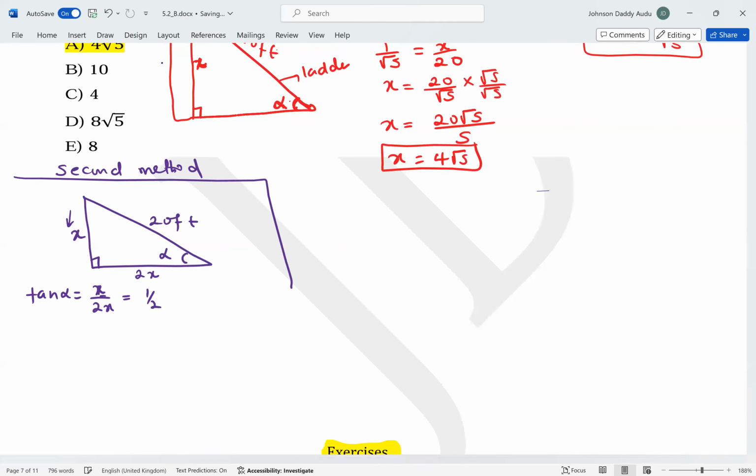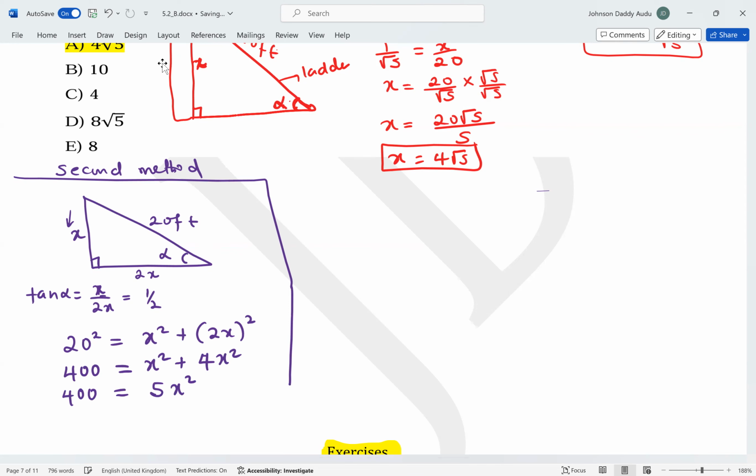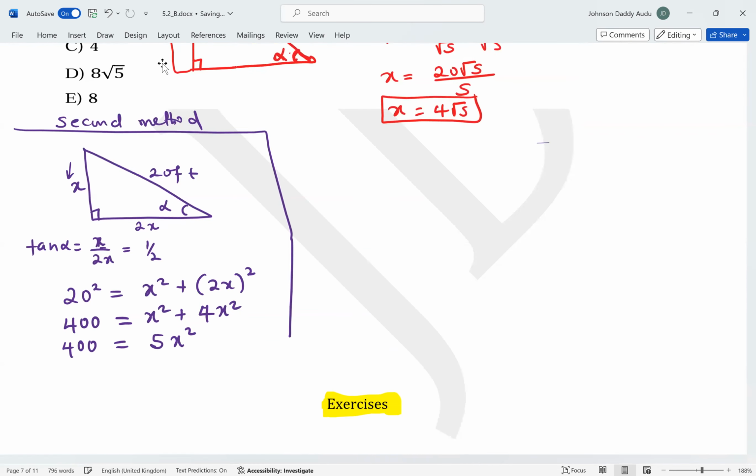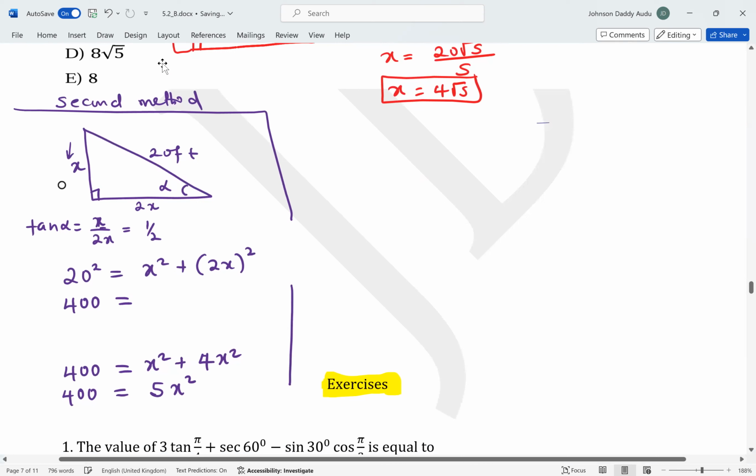We can just use Pythagoras theorem, right? So we see that 20 squared is going to be x squared plus 2x all squared, right? So this is going to be 400, and it is going to be x squared plus 4x squared. And then you will have 400 equals 5x squared, right?